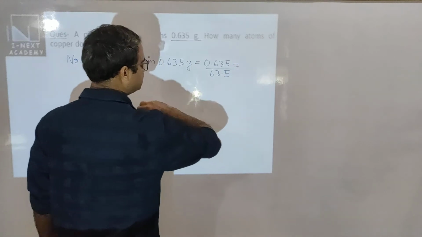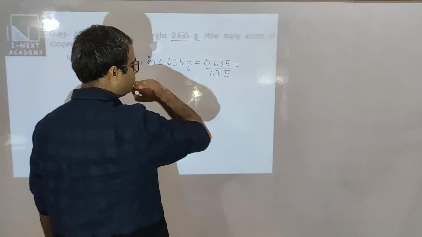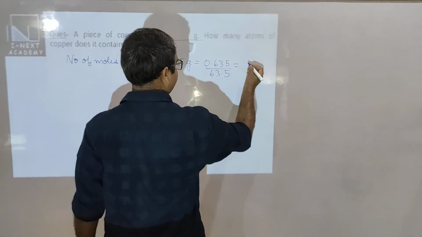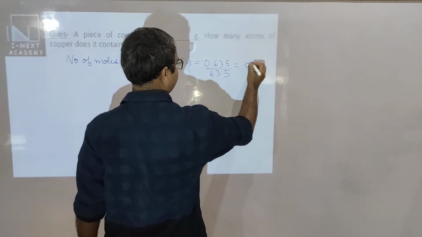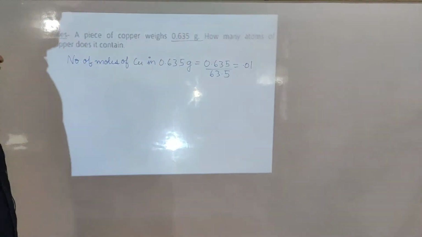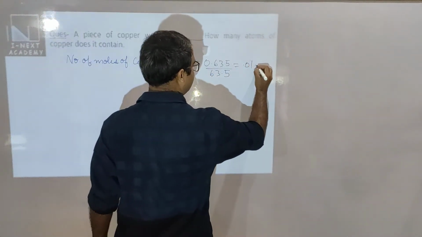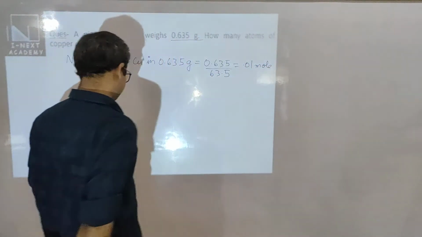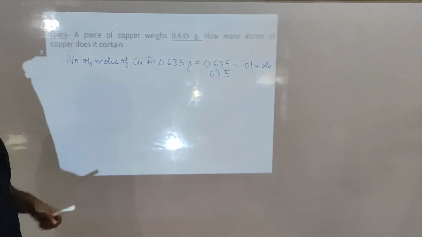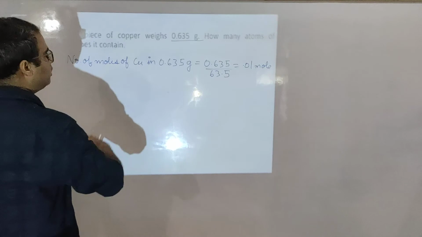You solve this, and it will come out to be 10 to the power minus 2, or you can write 0.01. So the number of moles of Cu in 0.635 gram will be 0.01 mole. So the number of moles you have calculated.